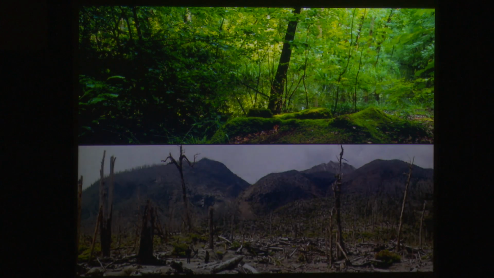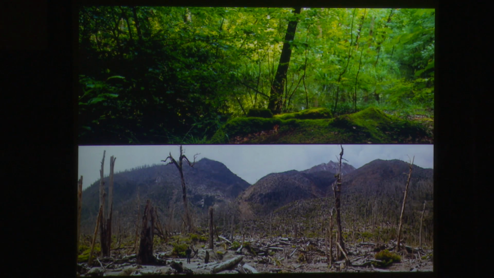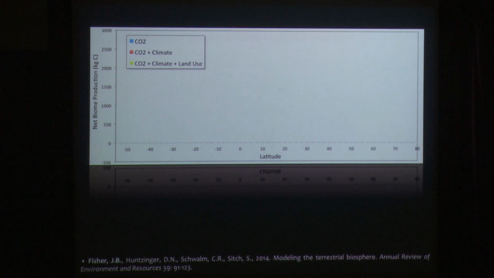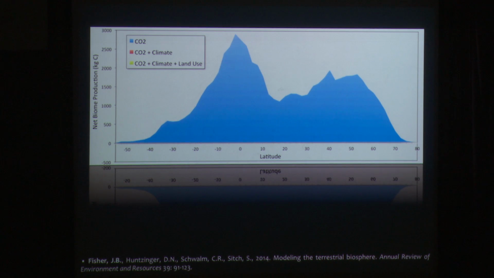So if we look at the fate of the biosphere, there's kind of two extreme fates, right? You've got ecosystems thriving, what we call the beta factor in a simplistic way, or ecosystems collapsing, the gamma factor. And we want to know which one it's going to be in the future. If we look at the models, we can run these experiments where you have the total carbon uptake.